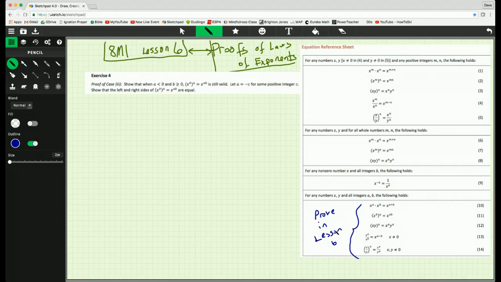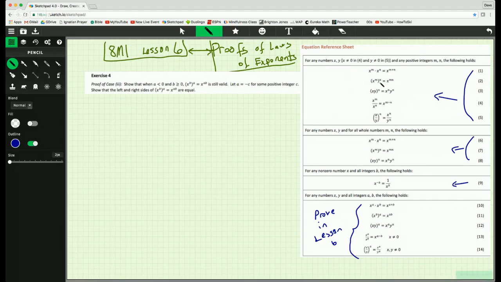The way math works is you start simple and then you build up more and more complicated and complex building blocks. And so the only building blocks that we're going to be able to use are these building blocks here, 1 through 5, 6 through 7, and number 9.